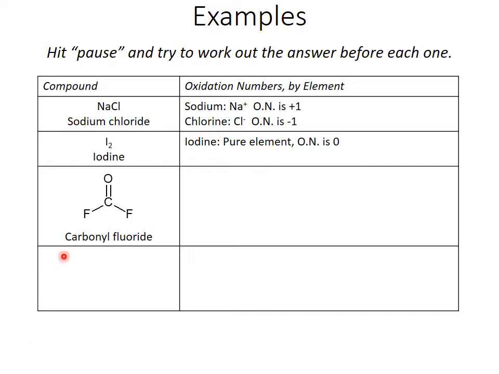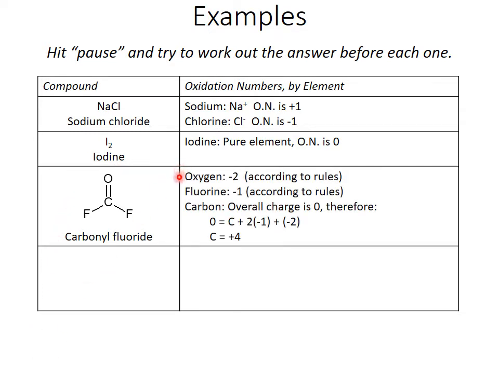Carbonyl fluoride is a very toxic, very dangerous organic compound. The oxygen in this compound is one of our set elements. Its oxidation number is -2 according to the rules. Fluorine is in a similar boat. Its value is -1 according to our rules.